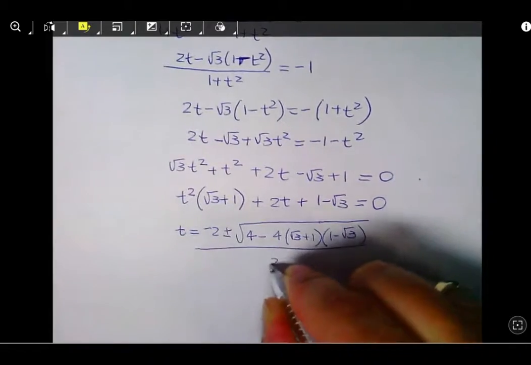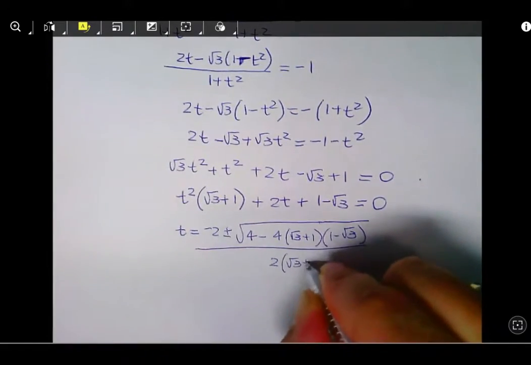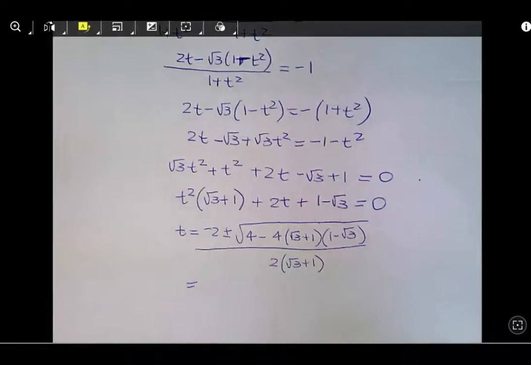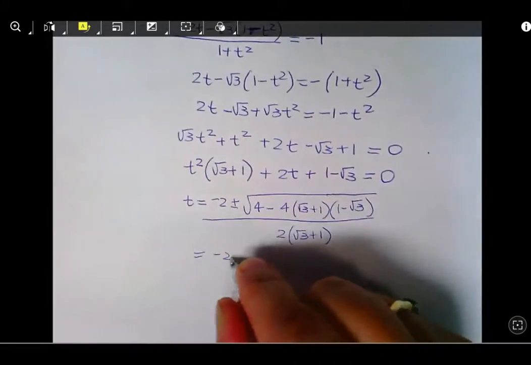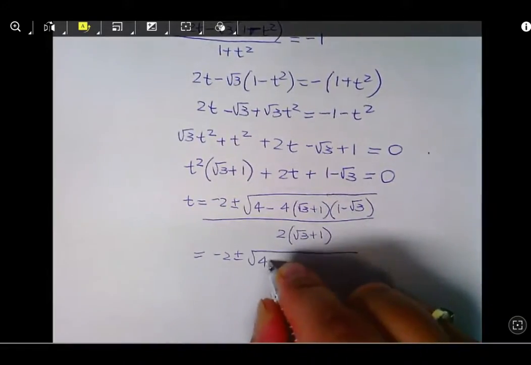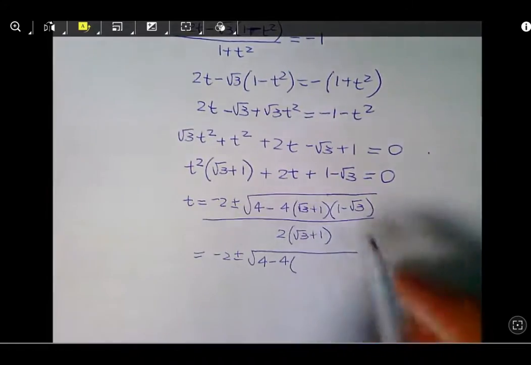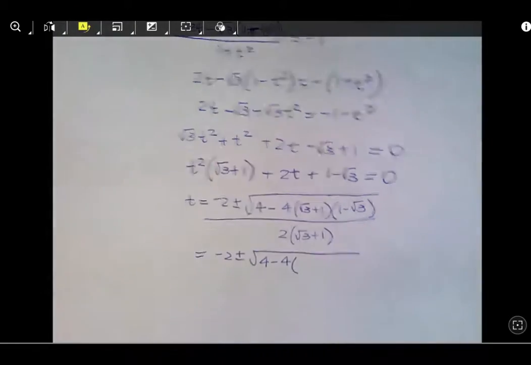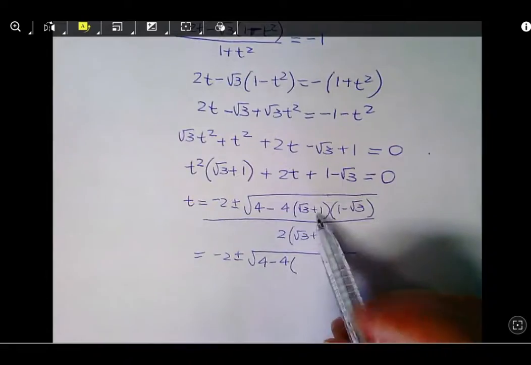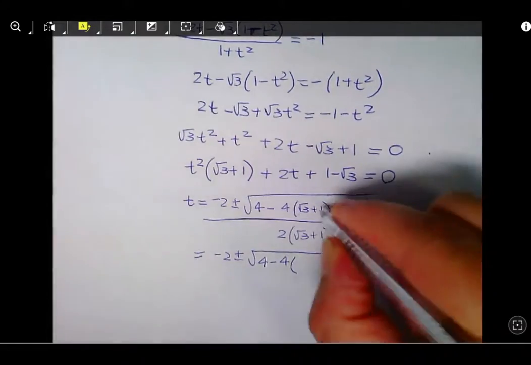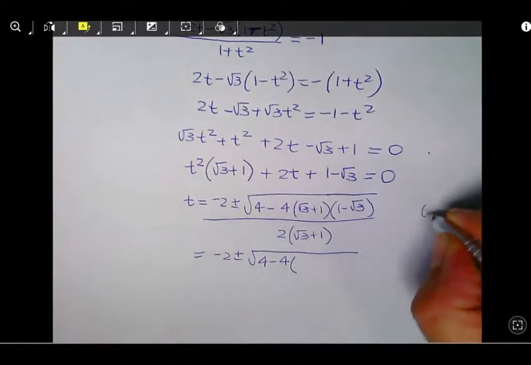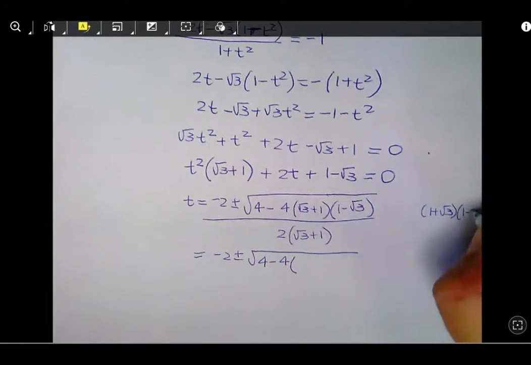Over 2 bracket root 3 plus 1, which is -2 plus or minus the square root of 4 minus 4 times, now this is 1 plus root 3, 1 minus root 3, which is a difference of 2 squares. So I can just go over here, 1 plus root 3 times 1 minus root 3.